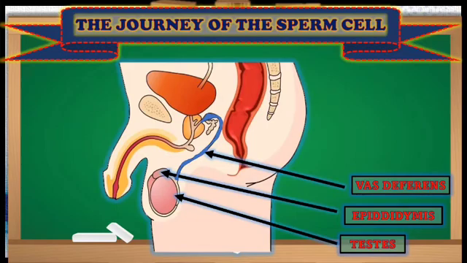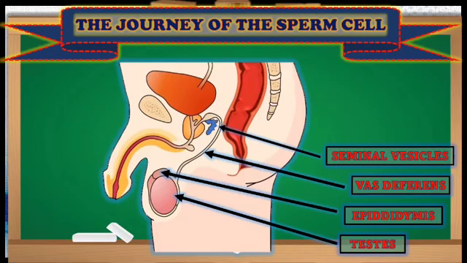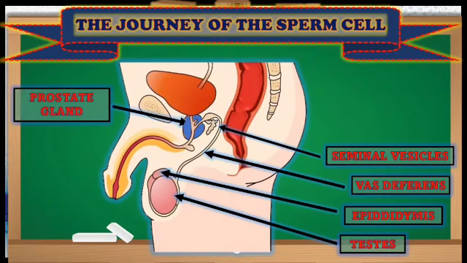So dyan na siya dadaan. Then it will proceed to the seminal vesicles, in which it will give the fluid that mixes with the sperm, as well as the prostate gland, which makes fluid to mix with the sperms.